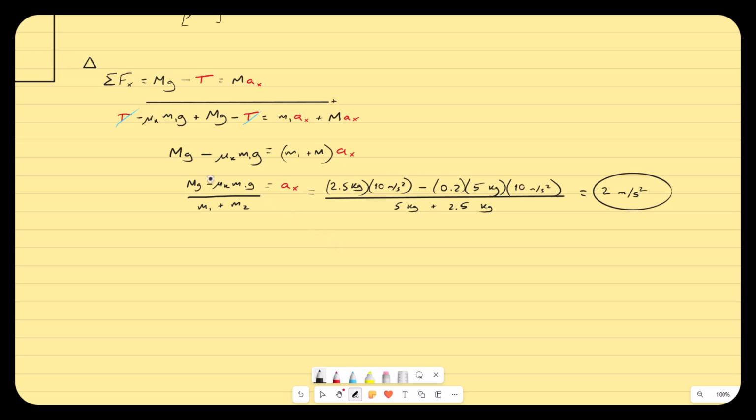I get some form of what's on top here, mg minus this resistive force, so I get some form of a drive force on top, and on the bottom I get total mass. But that's it. I combined my same ideas.